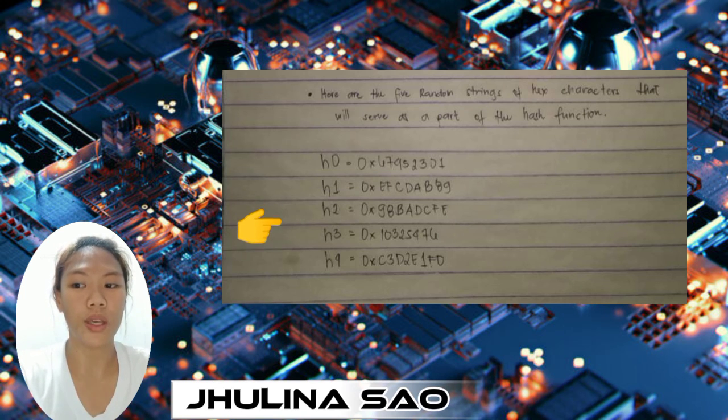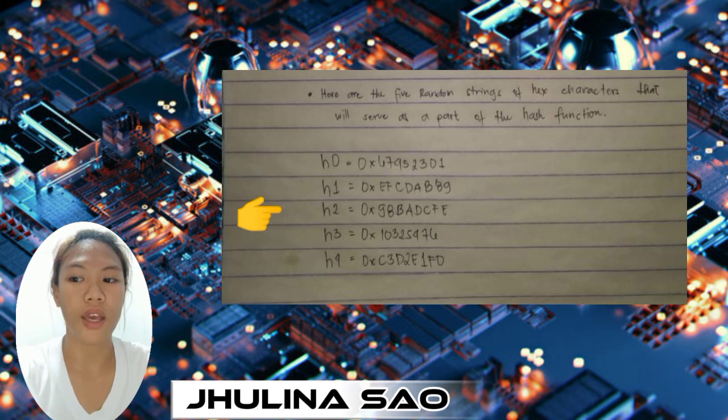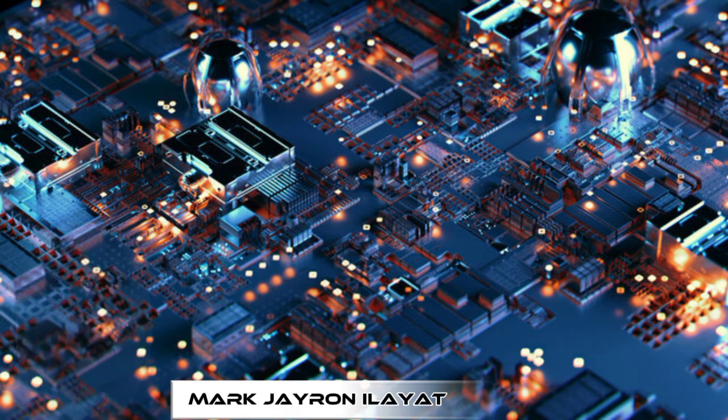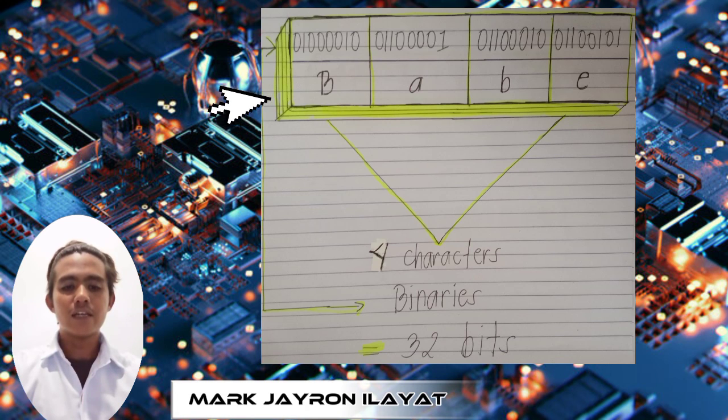H2 is equal to 0x98BADCFE. H3 is equal to 0x10325476. And the last, H4, is equal to 0xC3D2E1F0.